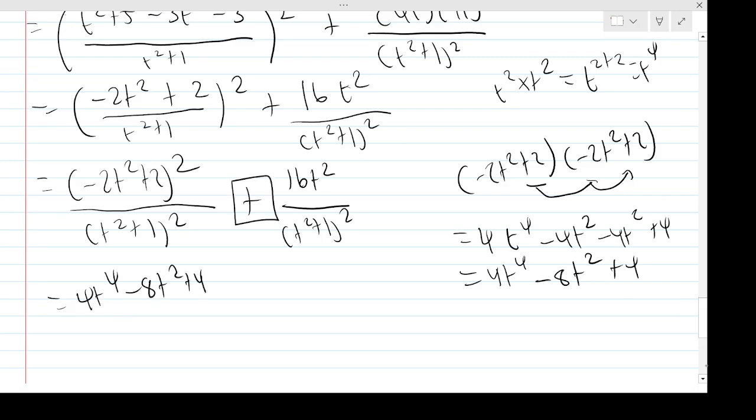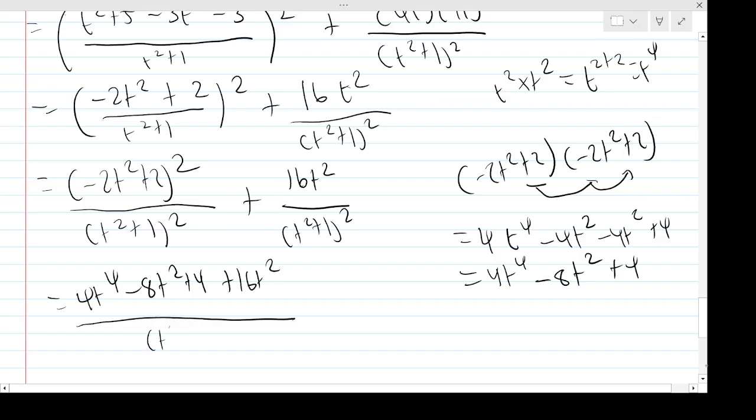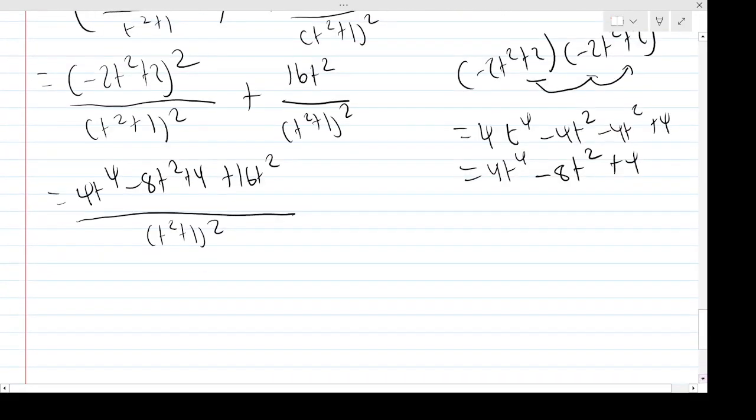And remember, I'm adding two fractions and they're the same denominator, so I can simply bring them together and add 16t squared. And that would be all over t squared add 1 all squared. Well, then if I work down here again, I can bring like terms.